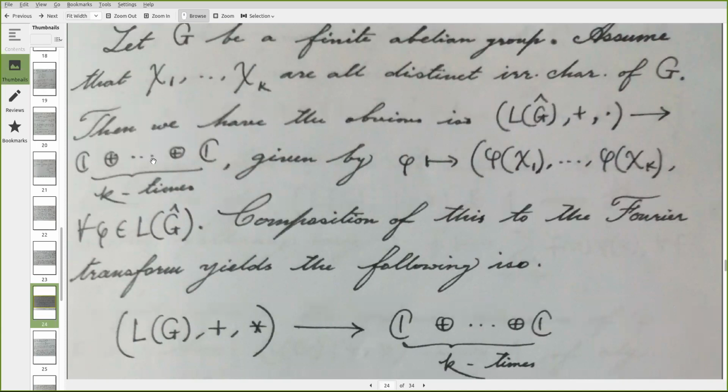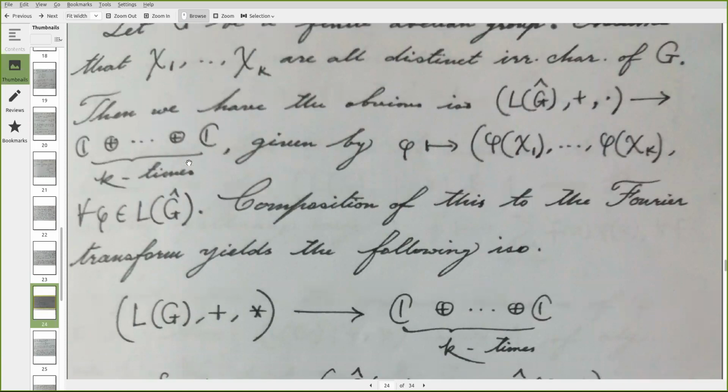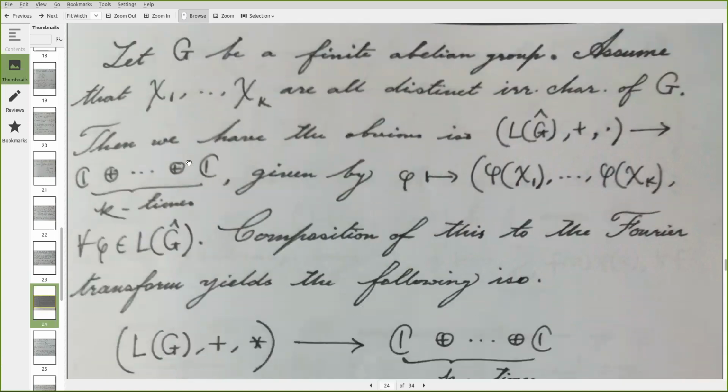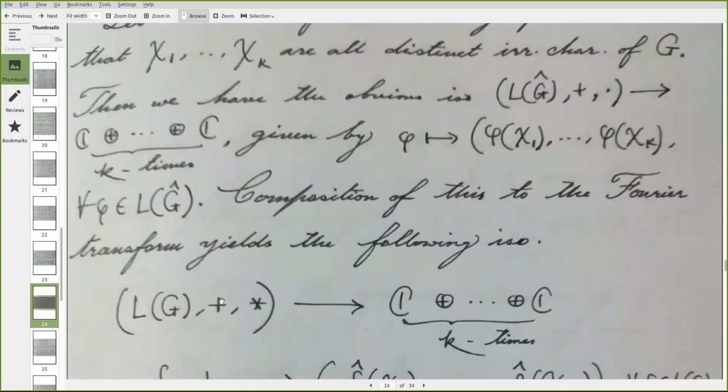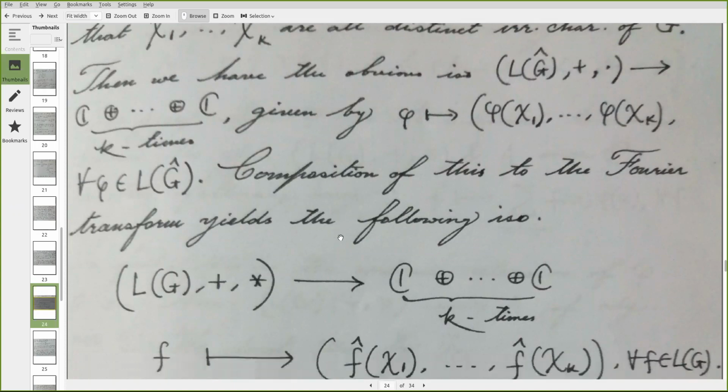So this is easy. In fact, for any finite set X of cardinality, let's say n, in a similar way we have an isomorphism between L(X) and C to the power n. Okay, so this is an isomorphism, and in the finite abelian setup, we have an isomorphism from L(G) to L(G hat), namely the Fourier transform. So the composition of two isomorphisms between algebras over C is again going to be an isomorphism between algebras over C, and precisely that is the isomorphism.